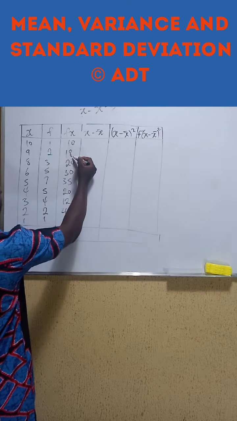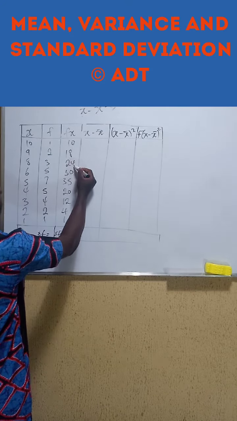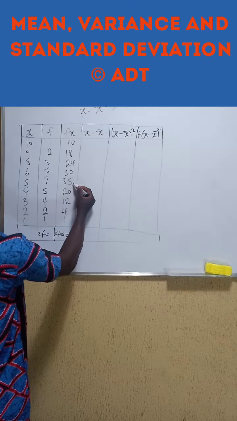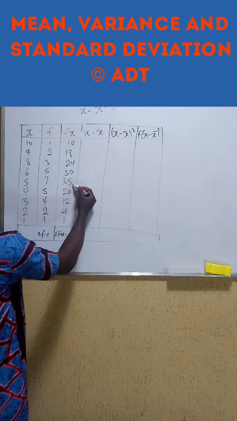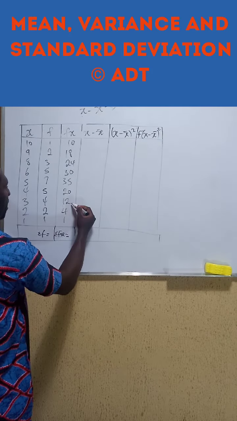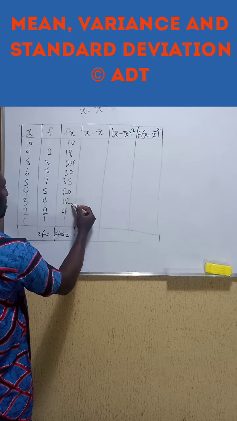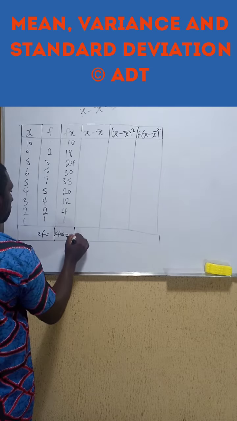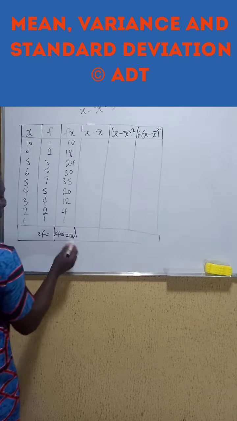This will give us 28, 48, 52, 82, 112, 117, 137, 147, 149, 150, 154. So this is 154, I hope you can see it.